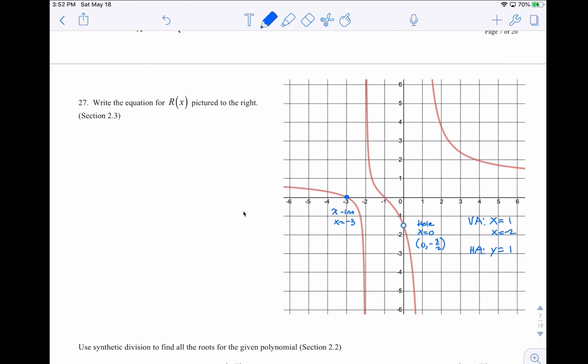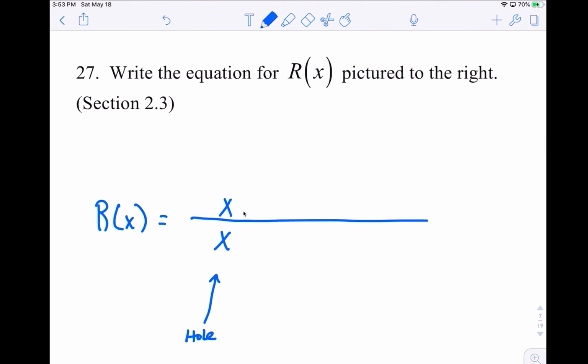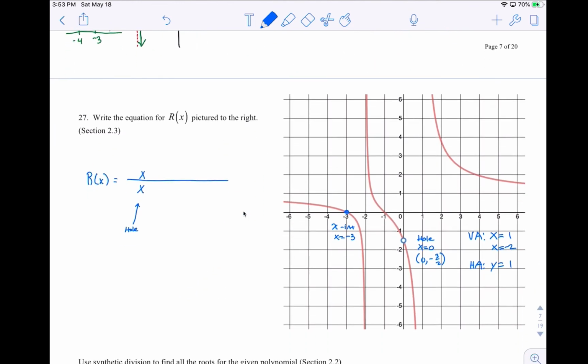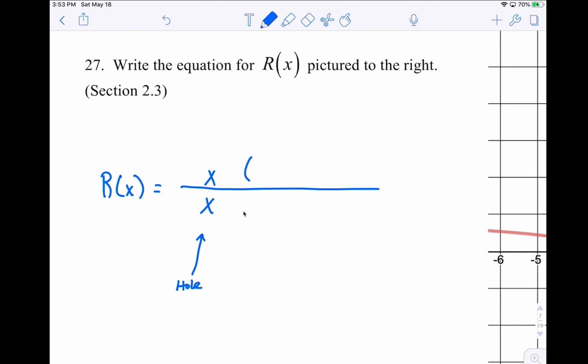Okay, so, all right, if there's a hole there at x equals 0, that tells me that when I write my equation, there should be an x term in the top and the bottom like that, okay? So this part is for the hole. The next part, your x-intercept is there at negative 3, so that's going to go in the top, so x plus 3.